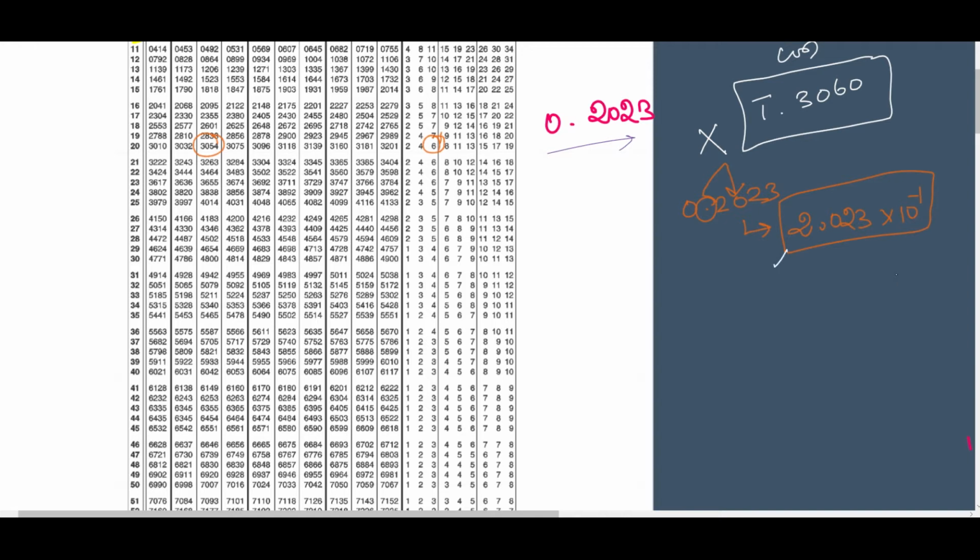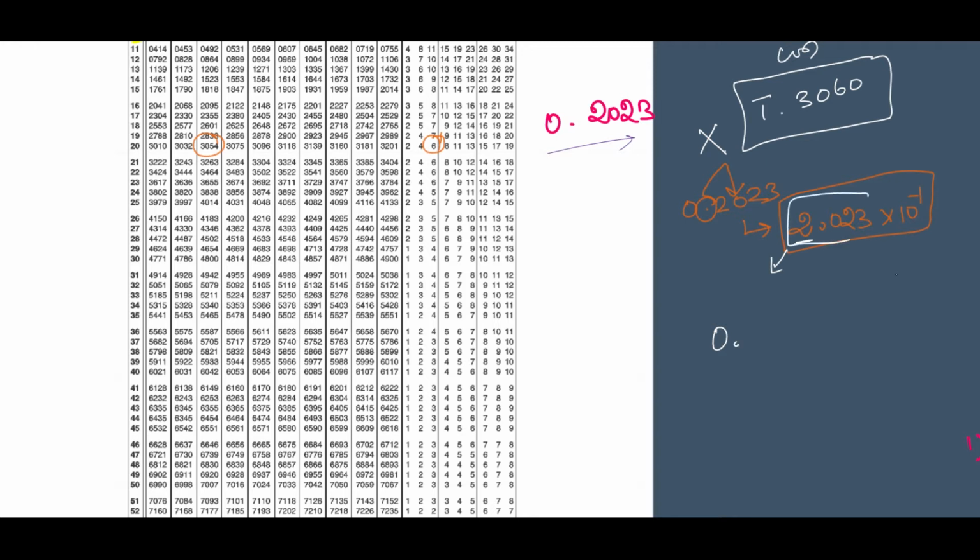Clear? So now tell me, what is the characteristic here? Only one digit is there. So 1 minus 1, 0. So 0. Then again we have to follow 2023 in the terms of 2 plus 1 plus 1 pattern. So what you will get? 3060. Okay. So how we can represent this? So when you are going for this, log of 2.023 into 10 power minus 1.